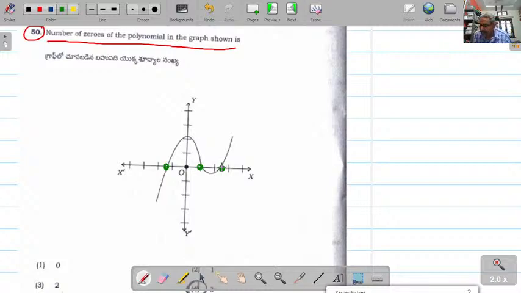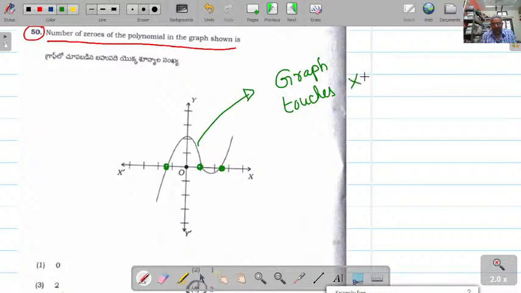See, this graph touches the x-axis at 3 distinct points.